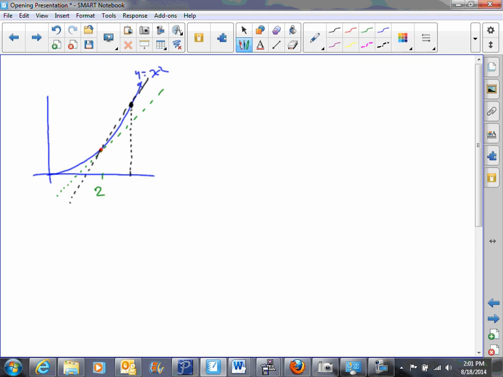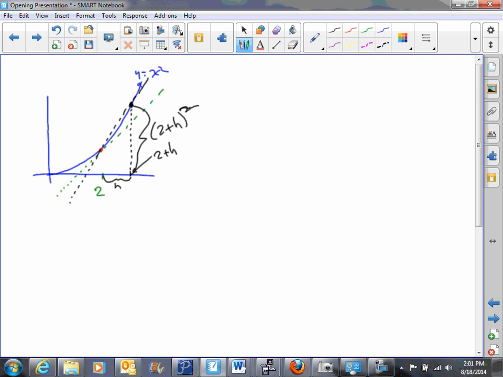This would be the x value of the second point, and it would be some distance h to the right of 2. So to express this x value right here, it could be thought of as 2 plus h. Now, to find the y value for x equals 2 plus h, y is x squared. So this y value would be 2 plus h squared.